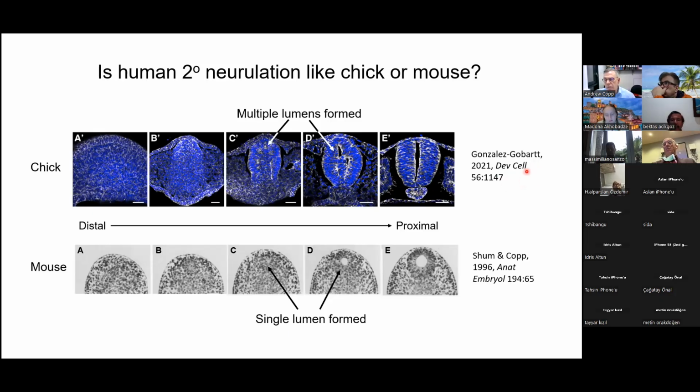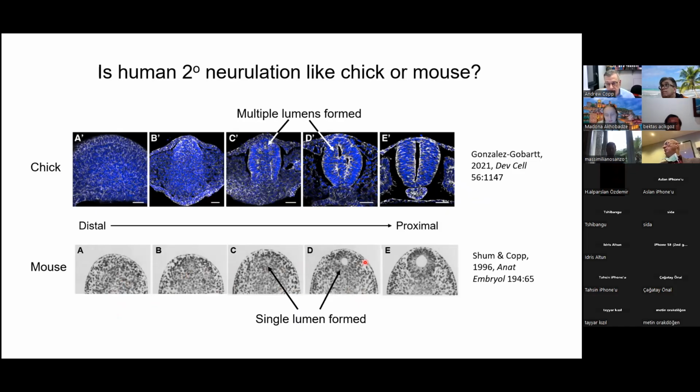There was a very lovely paper in Developmental Cell 3 years ago by Gonzalez, Gobat and colleagues, and they showed that this resolution of the multiple lumens into the single lumen required signaling through SMAD proteins, which is a TGF-beta signaling pathway, and so they could block that pathway and prevent the resolution of these lumens into the single lumen.